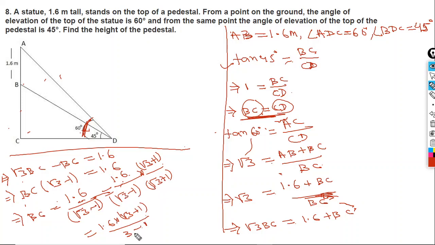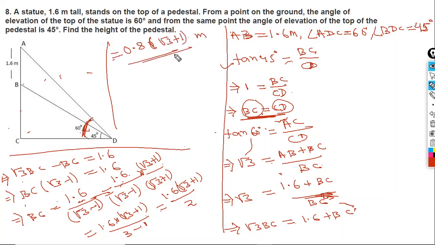Root 3 square is 3 and 1 square is 1, which will be equal to 1.6 into root 3 plus 1 divided by 2. Now 1.6 divided by 2 will be equal to 0.8 into root 3 plus 1, this much meter you can say.